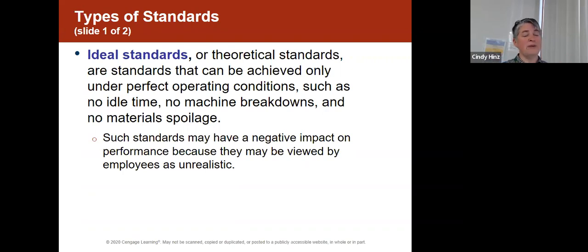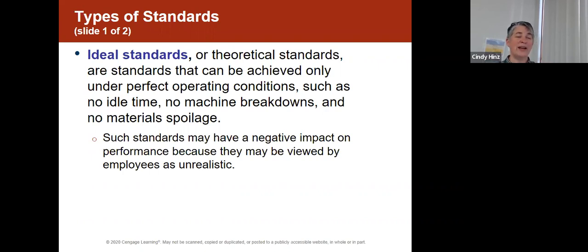Well, we talk about the same thing as it relates to standards. We can put together that ideal standard, which conceptually matches up with that theoretical capacity, but that's not helpful at all. It's nice to talk about it maybe behind closed doors. In a perfect world, we could do this.